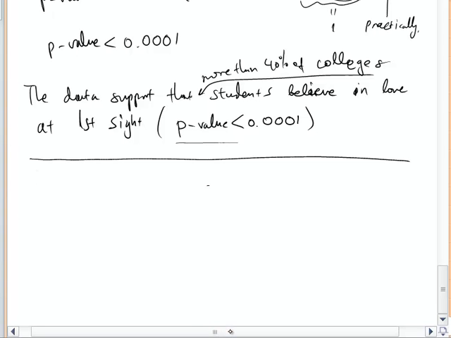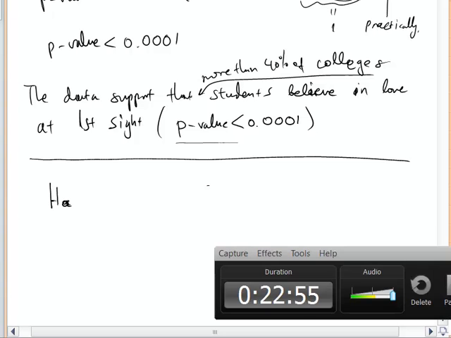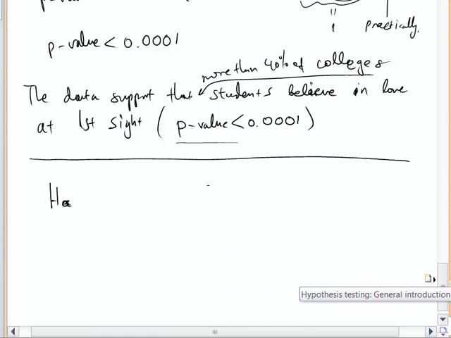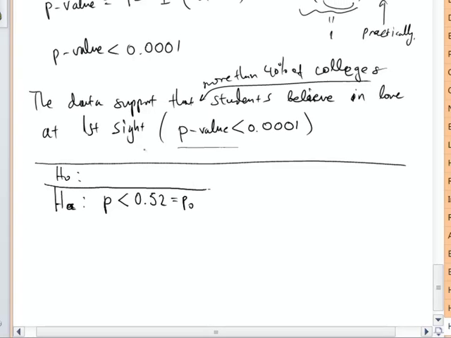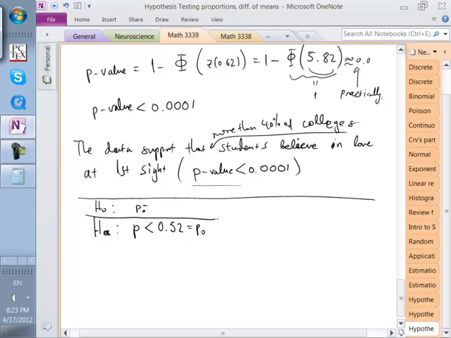What does that mean? That means that the alternative hypothesis is P less than 0.52, where 0.52 is P sub 0. So the null hypothesis here, since we're testing for proportions, again is P equals 0.52.